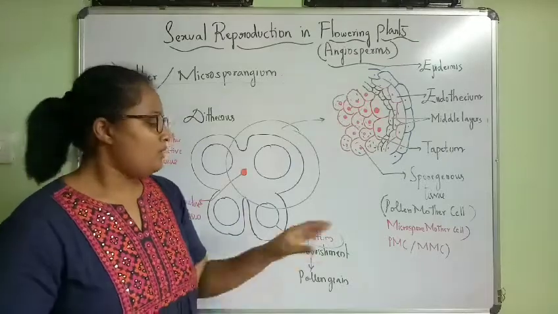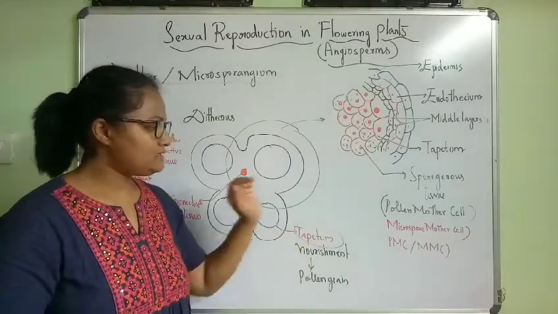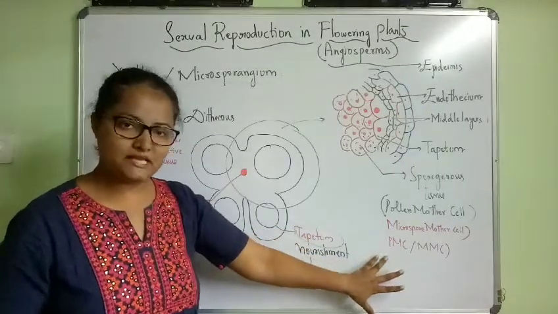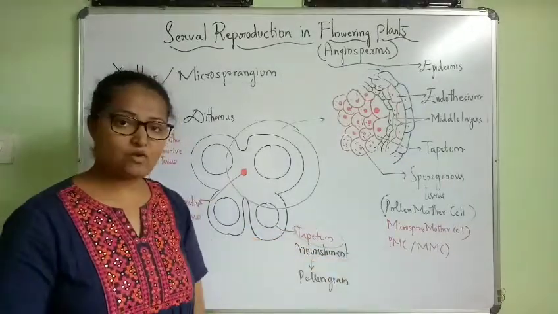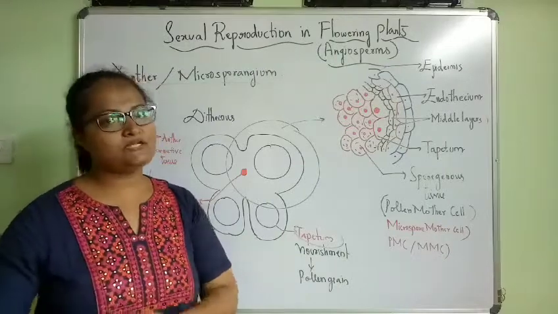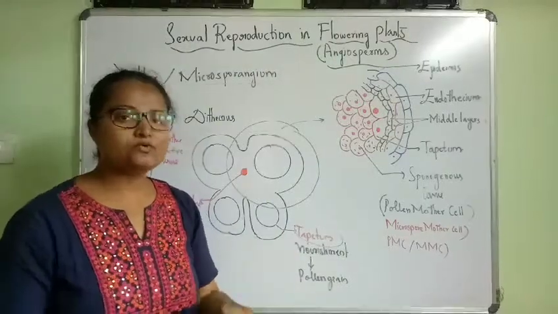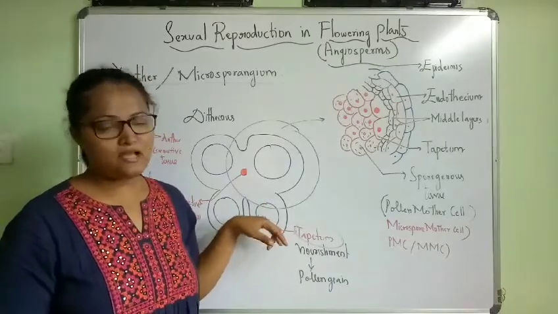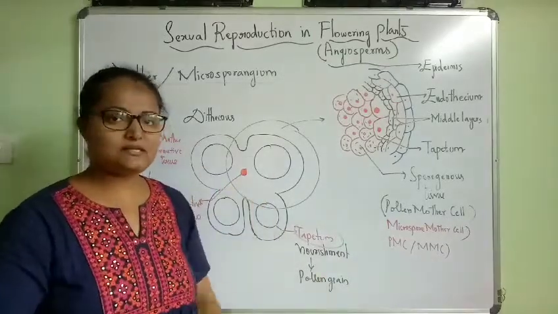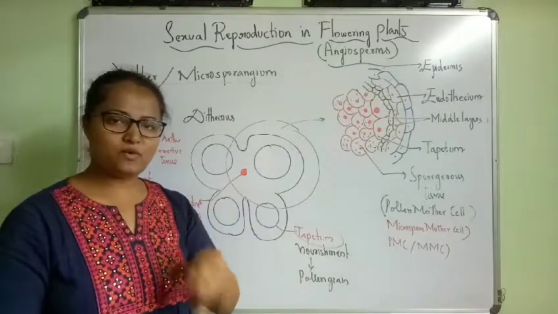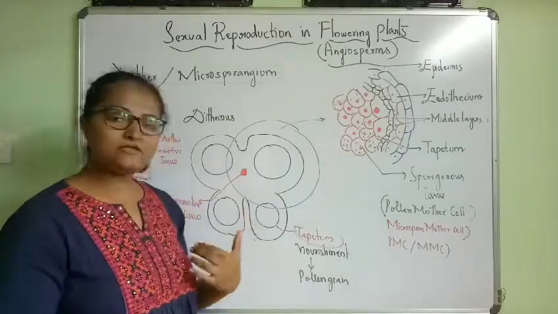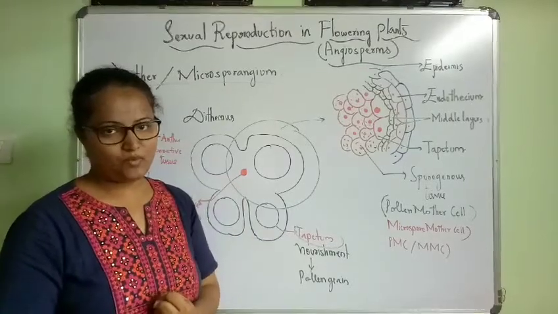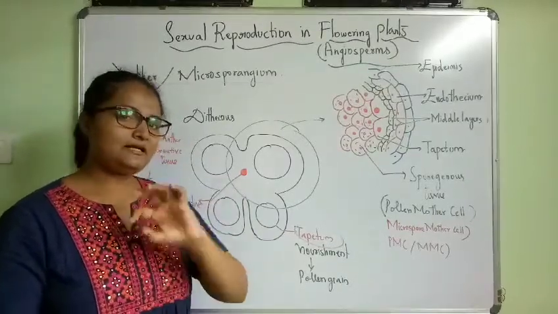This sporangia, as I told, contains PMC or MMC cells, pollen mother cells. What happens? They undergo division and produce pollen grains within the microsporangia. Later, when there is a lot of production of pollen grains, this microsporangia is called pollen sacs, the pollen containing chambers.